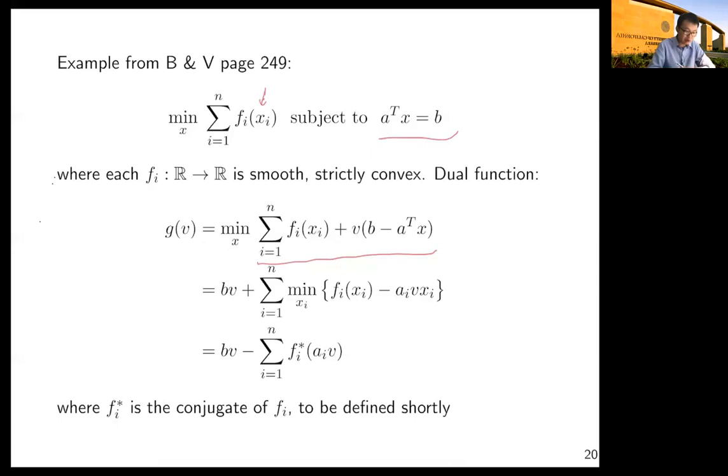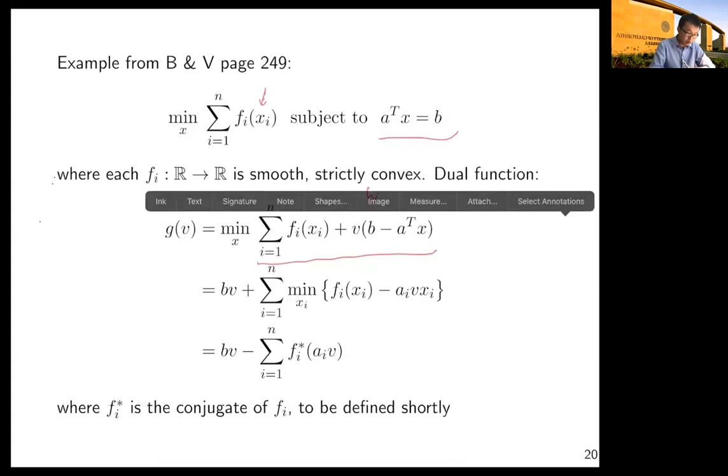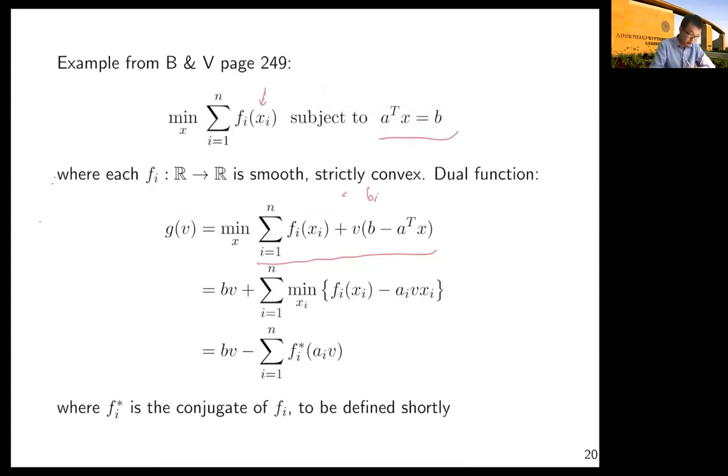Since this is a linear constraint, this becomes v times the sum of b_i minus a_i x_i. This says we can minimize everything individually by finding each x_i individually, and notice that the whole thing is by definition a negative Fenchel conjugate.